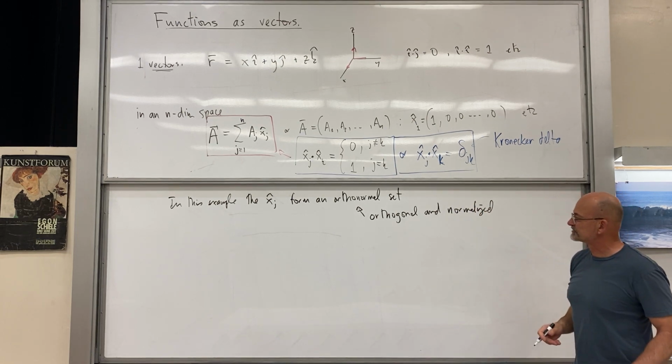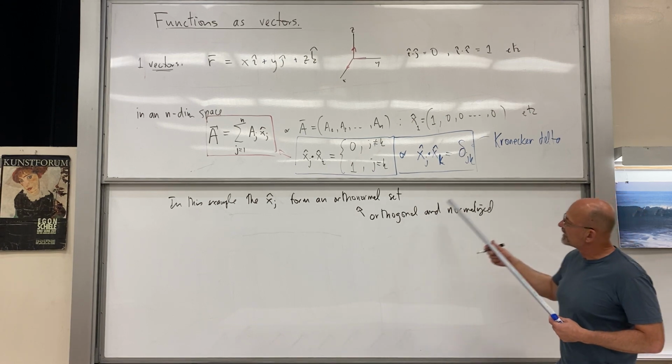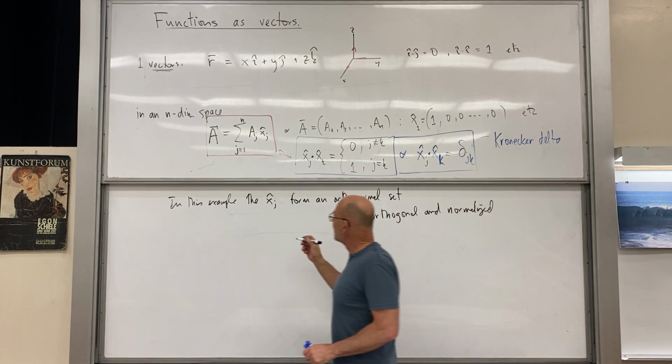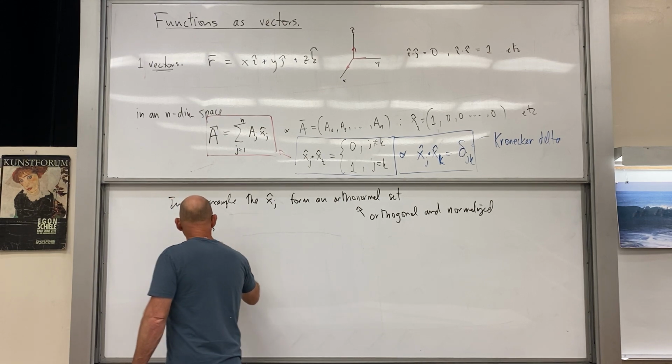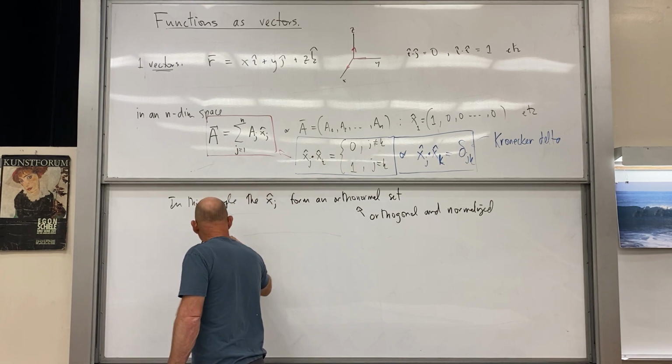The length 1. So when you have an orthonormal set of vectors, and those are our unit vectors, you can form the scalar product of your vector with an x sub k hat.